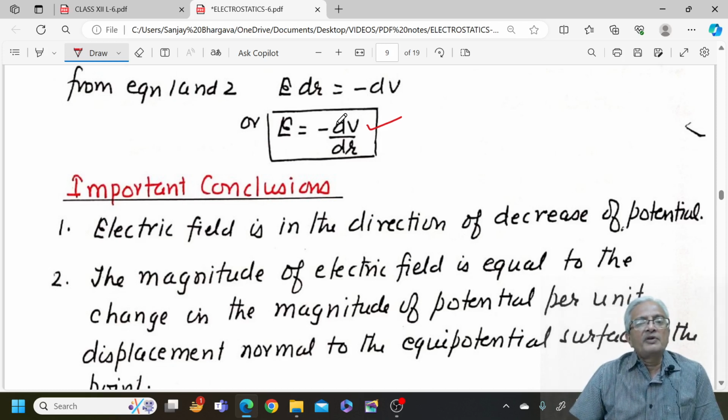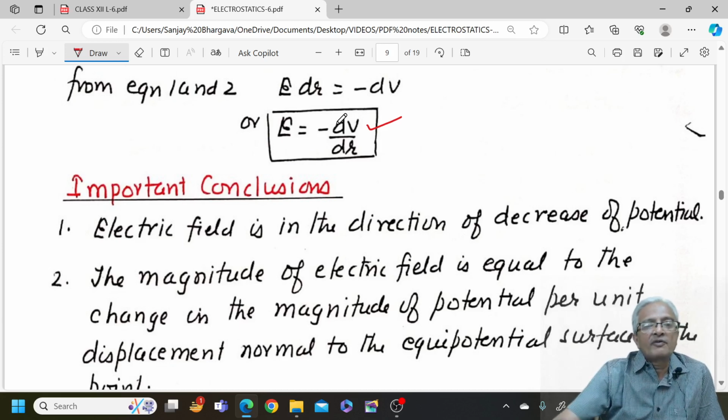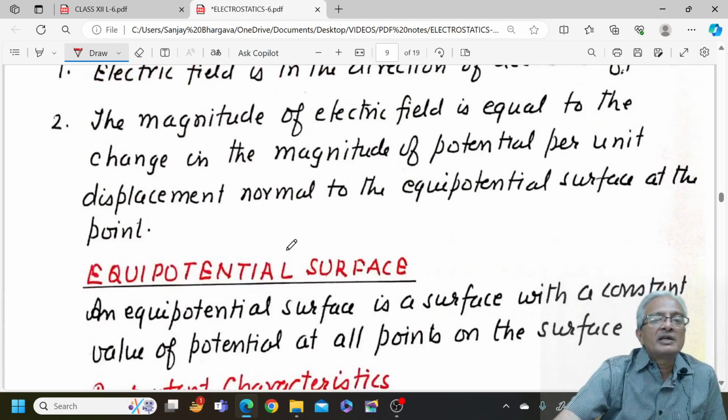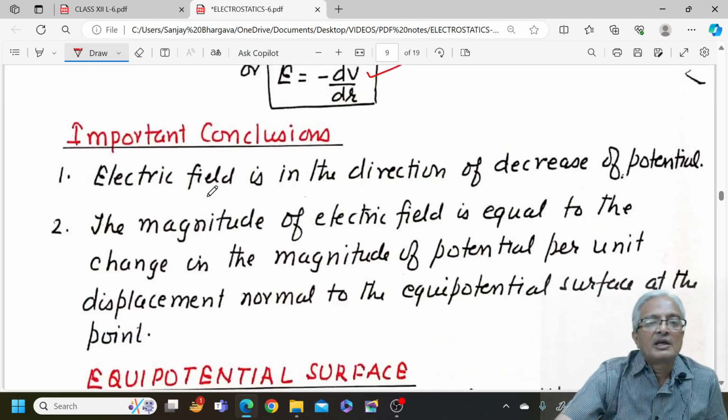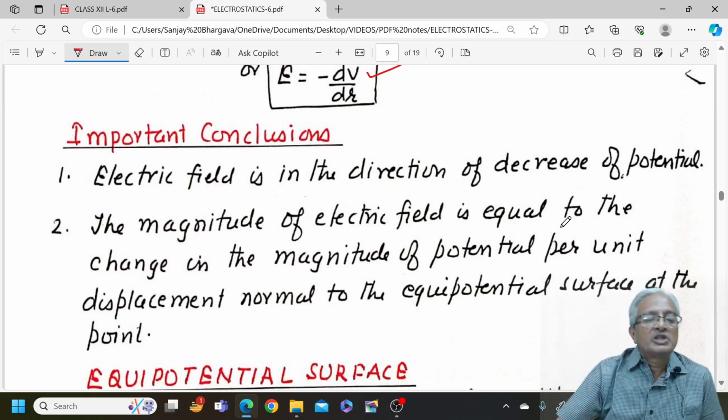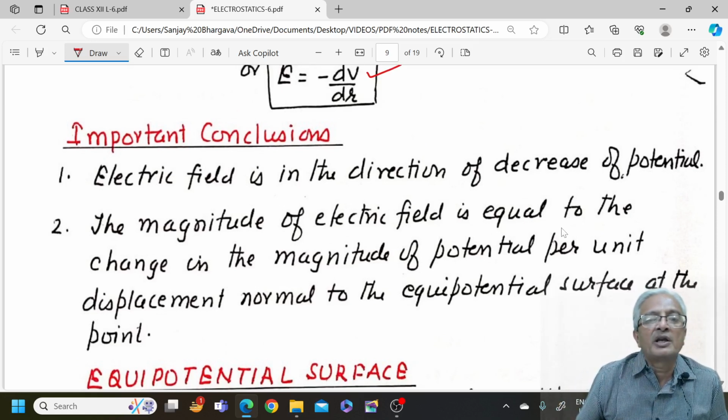The magnitude of electric field is equal to the change in magnitude of the potential per unit displacement normal to the equipotential surface at that point. So two things have come up: electric field is in the direction of decrease of potential, and secondly, the magnitude of electric field is equal to the change in the magnitude of potential per unit displacement normal to the equipotential surface.